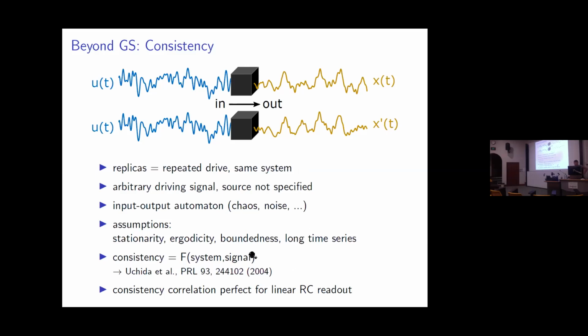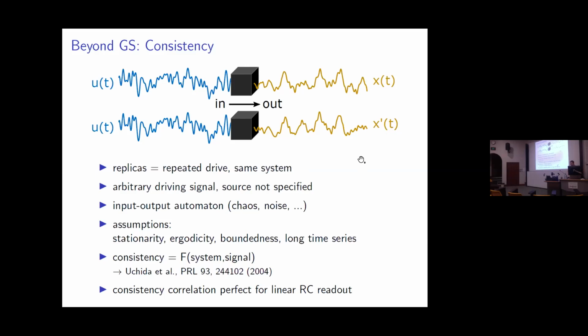Yeah, and what's left to say about this? The consistency that you measure by the agreement of original and replica output is usually a function of both the parameters of the black box, which is sort of expected, but it's also a function of the driving signal.